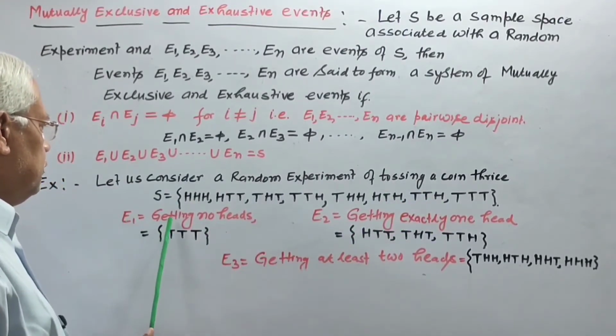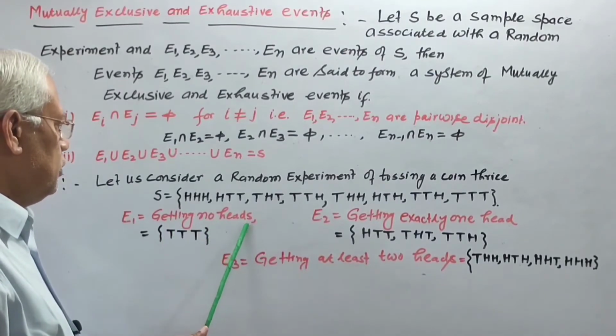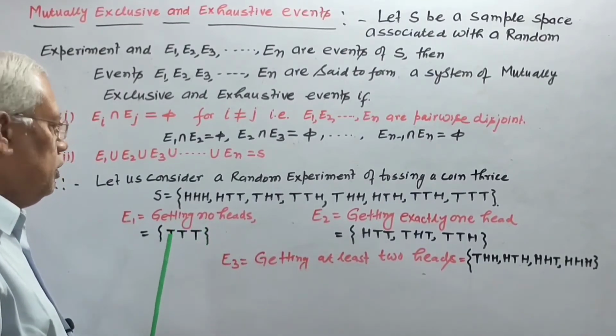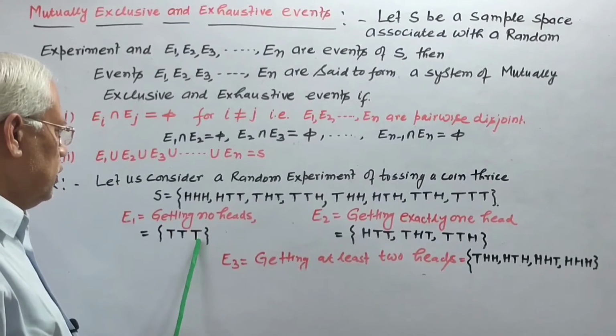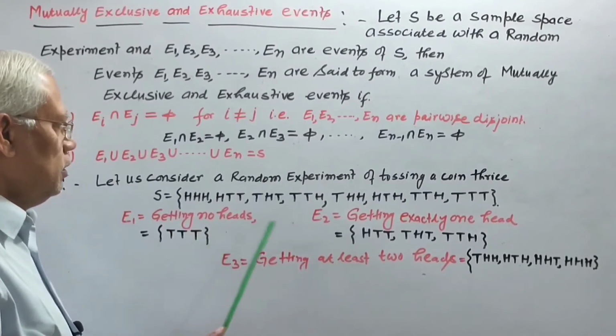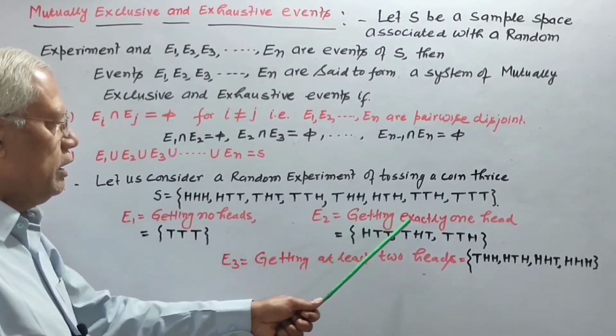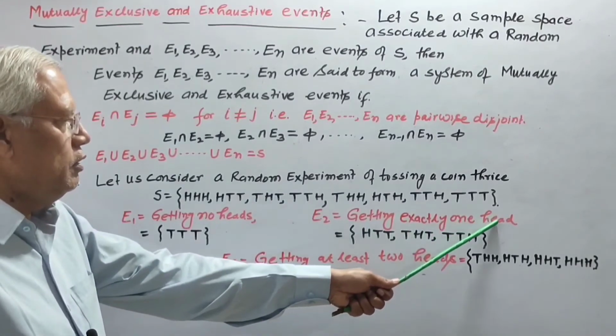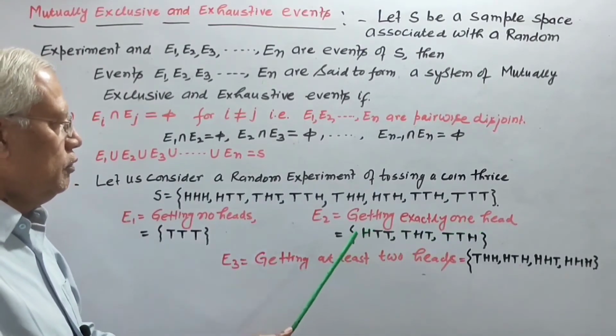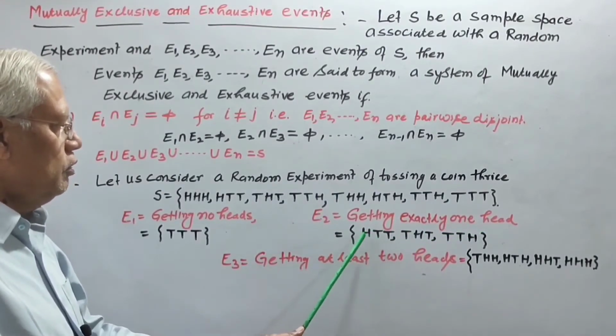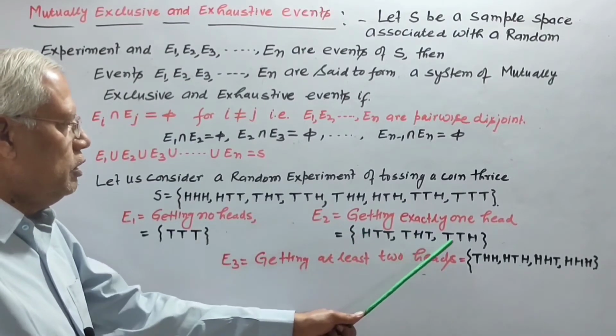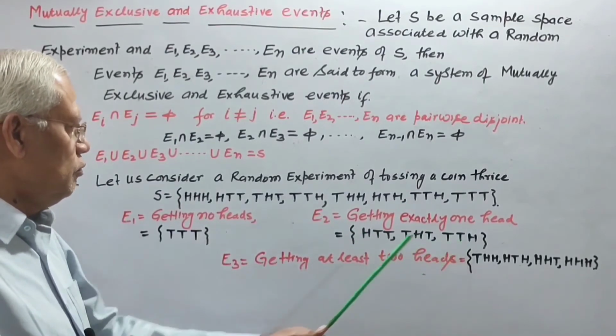Let E1 be the event getting no heads. No heads means only tails, so there will be only one element, that is TTT. E2 is the event getting exactly one head. So one head means two tails, so there will be these three elements in E2.